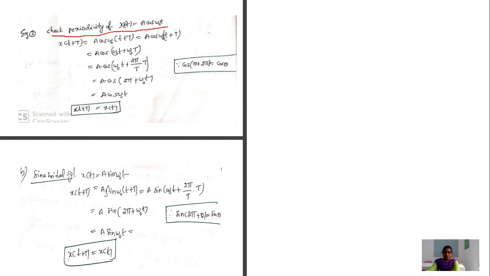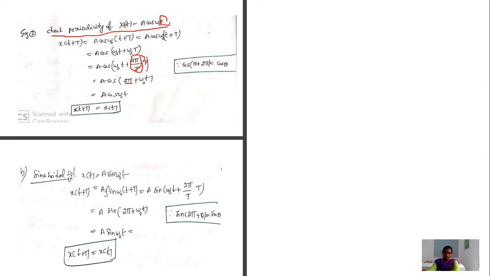So I am giving you the original signal x(t), replace t by t + T. At the place of t, replace t + T: A cos ω0(t + T). So ω0 t plus ω0 T, as you know, ω0 here is 2π/T. Then T and T get cancelled. We will get A cos(ω0 t + 2π).